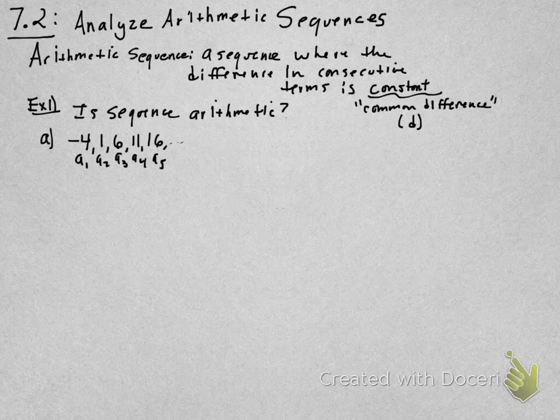What I'm going to do is see if I subtract consecutive terms, meaning I subtract a sub 1 from a sub 2, if I get a common difference every time. So a sub 2 is 1, minus a sub 1, which is minus -4, and you know when you subtract a negative, it turns into a plus.